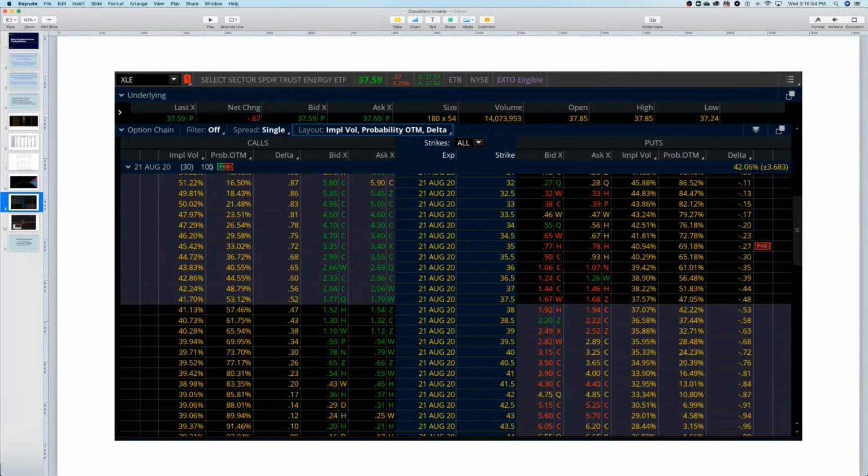It also provides a probability of being in the money or out of the money, an inverse way of saying in the money. That's what this column is right here, the second column from the left on calls, and the second column from the right on puts. It shows you the actual odds that the market is placing on it being out of the money, and the inverse of that would be in the money.